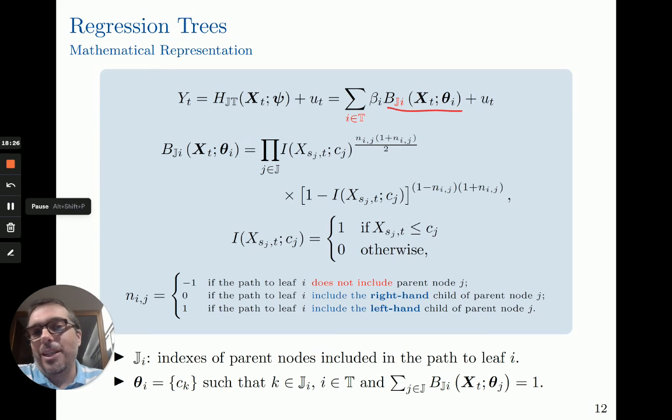So with these functions we can mathematically describe any regression tree. In practice we are not going to use this expression, but it's just for you to see that there is a very clear mathematical model behind the tree.